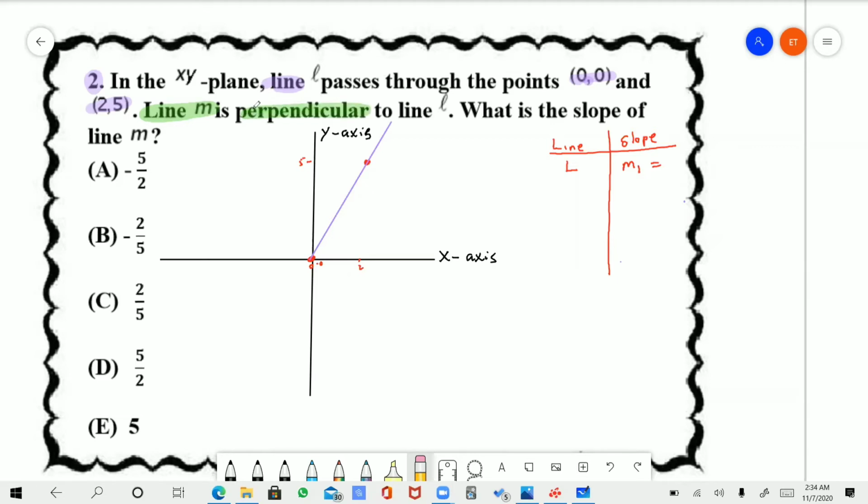It means they intersect at a particular point, right? And there's a rule for that, which we're going to find out. So line M will have a slope, which we're going to find, which is M2, okay? So we have 2 equations we need to figure out to solve this problem.